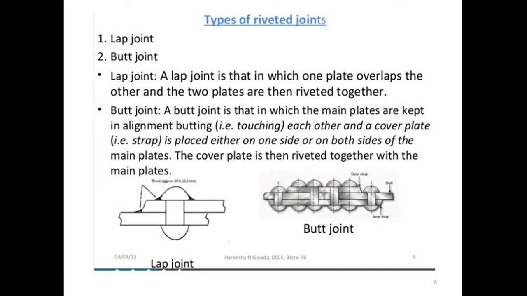In case of butt joint, a butt joint is that in which the main plates are kept in alignment, that is butting, touching each other, and a cover plate, that is strap, is placed either on one side or on both sides of the main plates. The cover plate is then riveted together with the main plates.